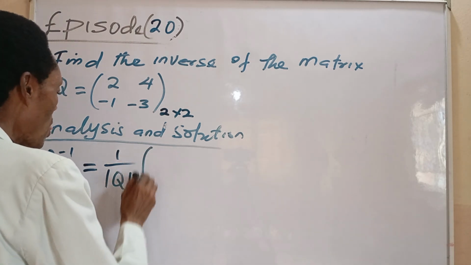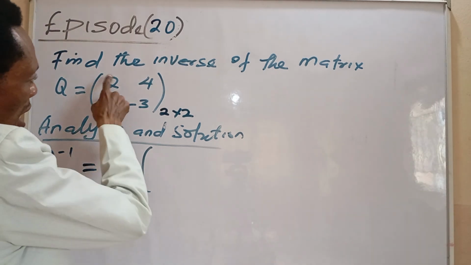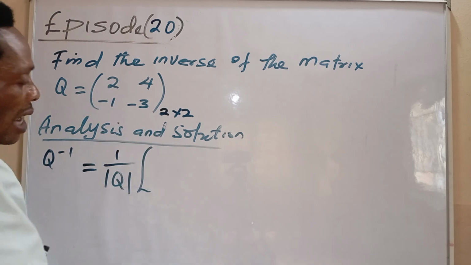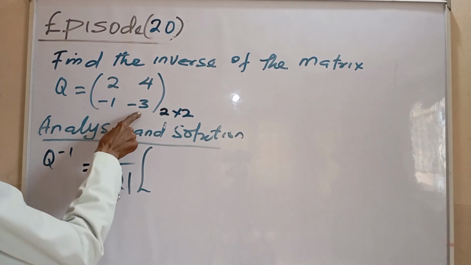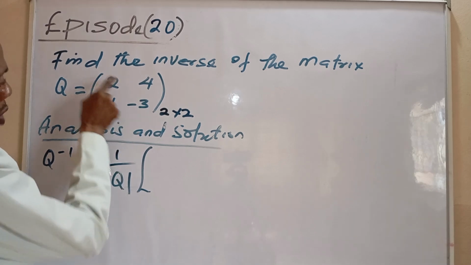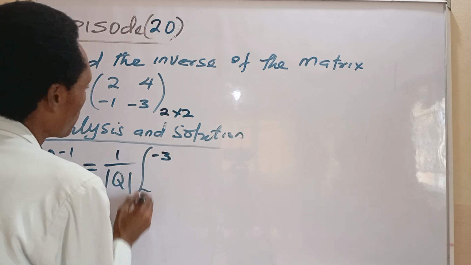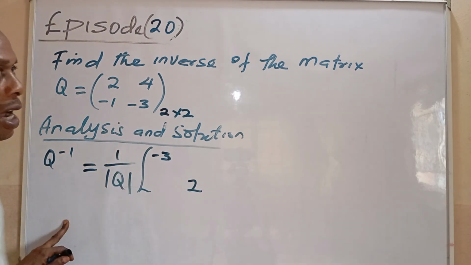Then here you have the diagonal elements, and you have to interchange the diagonal elements. This is 2, this is minus 3. So minus 3 will come in the position of 2, while 2 will come in the position of minus 3. So here you have minus 3, and here you write 2. So I have changed the diagonal elements.